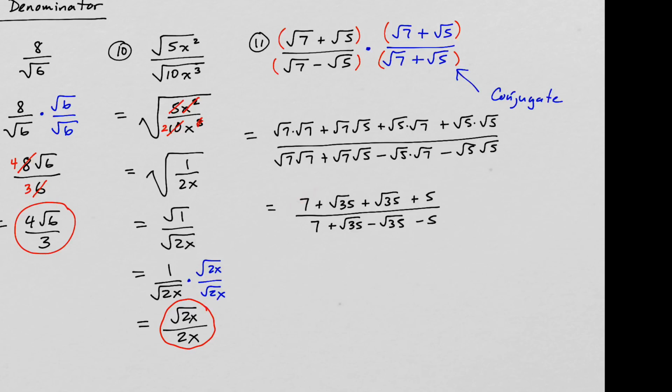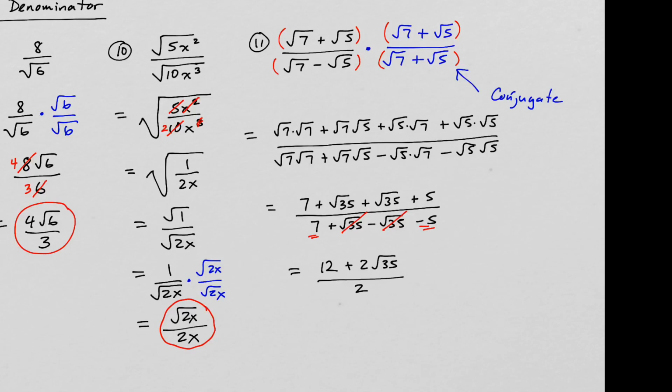Well, 7 plus 5 is 12. And radical 35 plus radical 35 is positive 2 radical 35. In the denominator, it's a little bit nicer. Radical 35 minus radical 35 cancels out, and 7 minus 5 is 2.